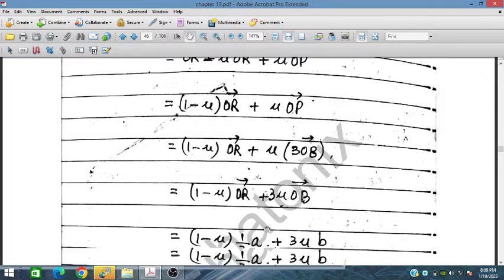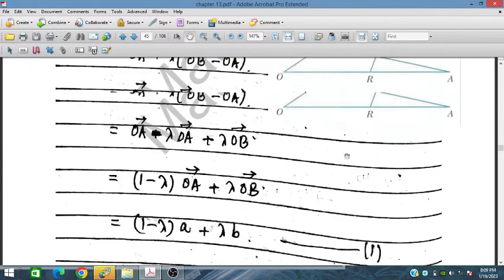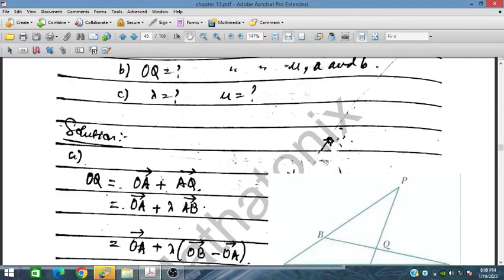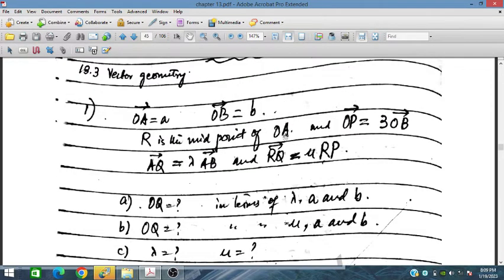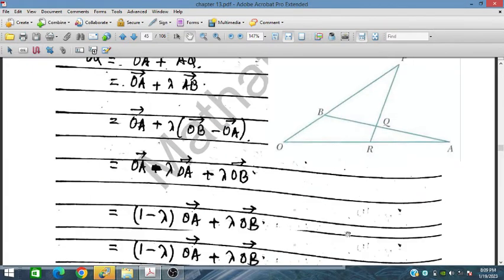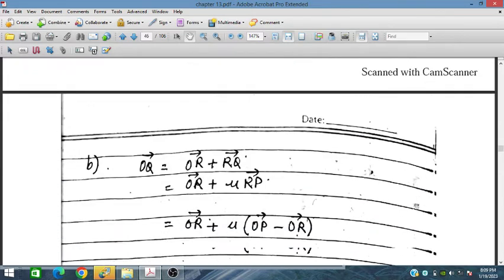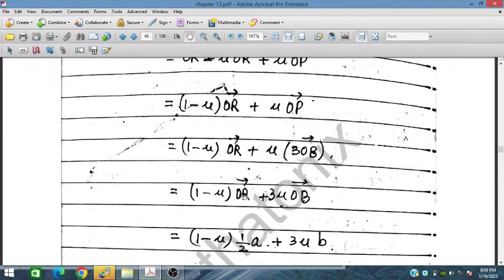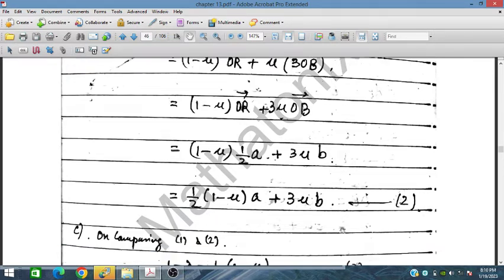OR is half OA, since R is the midpoint of OA. So in place of OR, half of 1 minus mu times a, plus 3 mu times b. So the second part has also been solved.